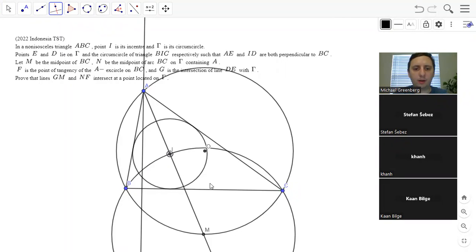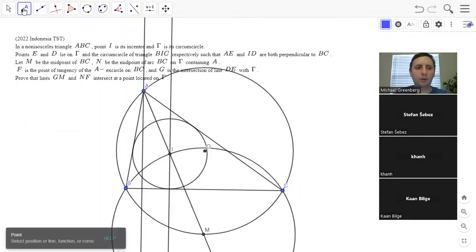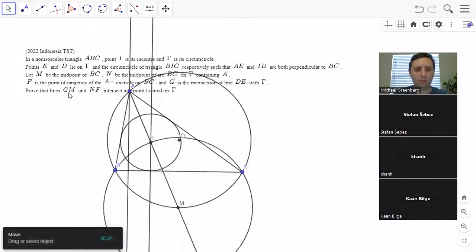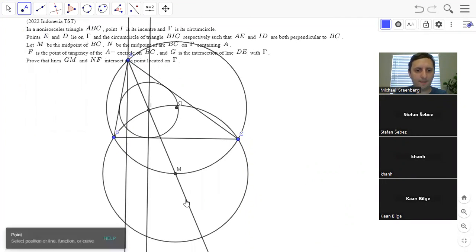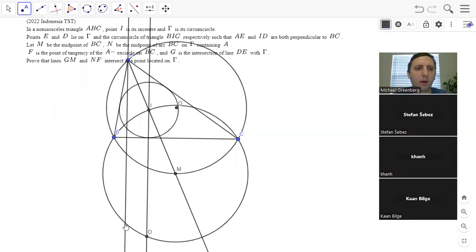AE and ID, they both lie on it. Oh, this is kind of interesting. But I don't know which point E is, that's the problem. For I, it would have to be this, so this would have to be D, but I don't know which point E is. So I'll just assume it's that.